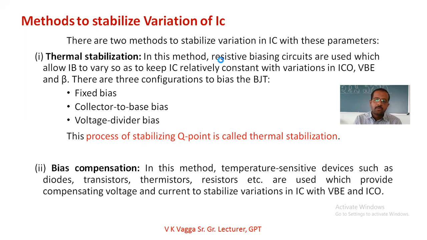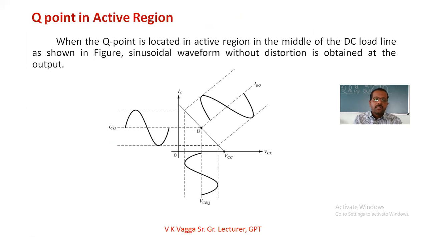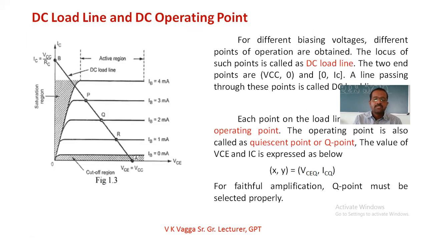In this class I have explained what is meant by the DC load line. This is the DC load line, and the existing points on this load line are the DC operating point. It is also called the quiescent point, or the Q point.